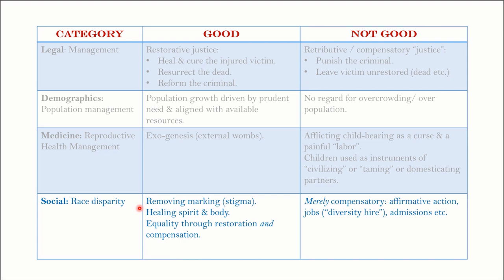Recall that justice is both restoration and compensation, not merely compensation. And in our attempts at justice, be it economic justice, social justice, medical justice, legal justice, we must keep this in mind.